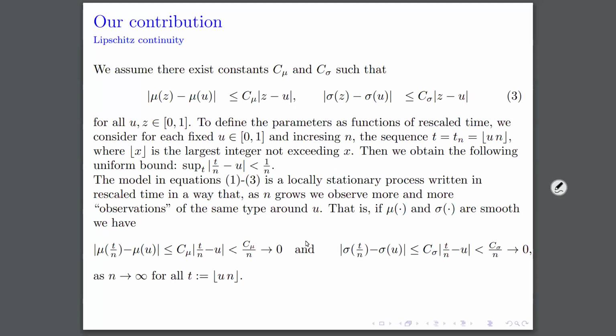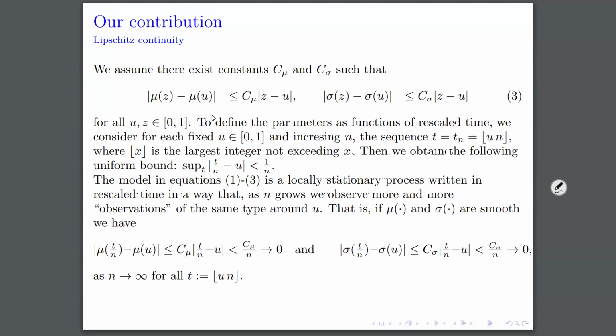The reason we need these smoothness conditions is that we have to impose the so-called locally stationary property on the data we're dealing with. This is a direct result of the Lipschitz continuity of the functions, where you have the Lipschitz constants C_mu and C_sigma that form an upper bound for arbitrary time points inside the range 0 and 1.